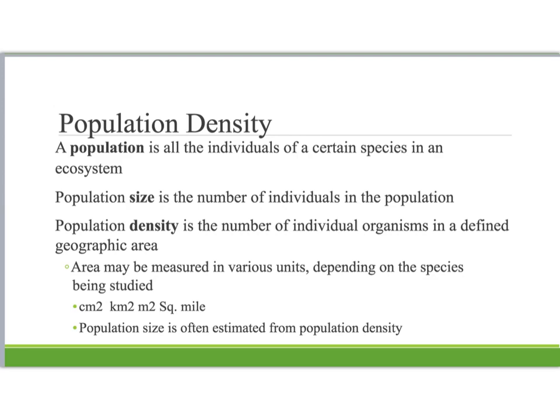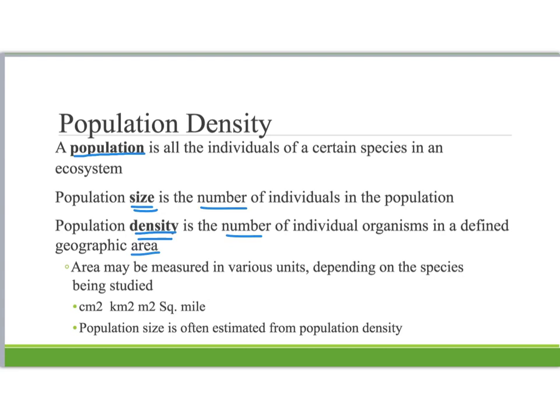So you already know that a population is all the individuals of a particular species in an ecosystem. And ecosystems can be very small or very large depending upon what we are studying. So the population size is the number of those individuals in that population. But what's probably more important is the density, which is the number of the individuals in a particular geographic area.